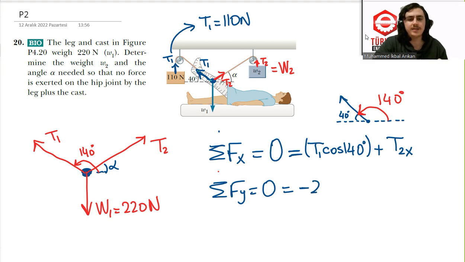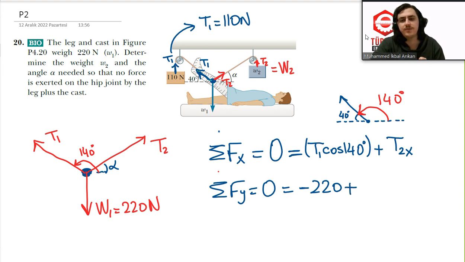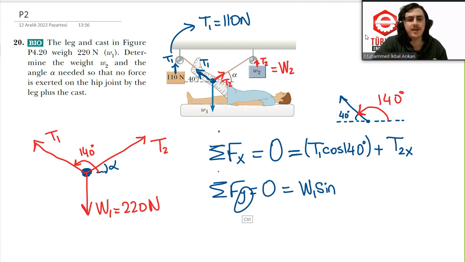So I have negative 220, which is pulling down the weight, and two forces which are acting in a positive way. Actually, instead of putting this one, you can put this one, positive of weight 1, but put the angle. So sine of what? You want to take the y component, right?